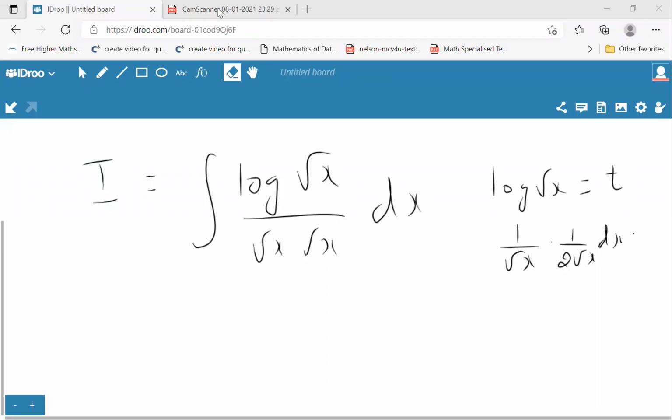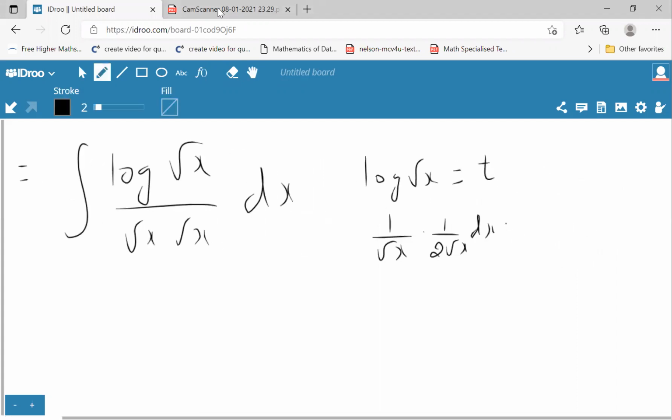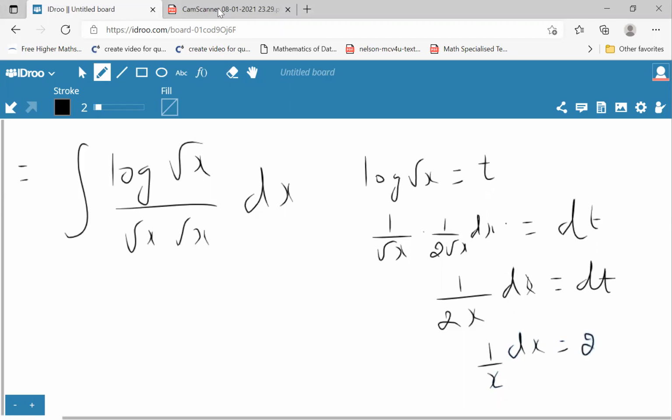Here, let us take log root x is equal to t. Differentiating on both sides, 1 by root x, and when you differentiate root x, you get 1 by 2 root x. So this is nothing but 1 by 2x dx is equal to dt. Let us take 2 this side, so that now becomes dx by x is equal to 2 dt.